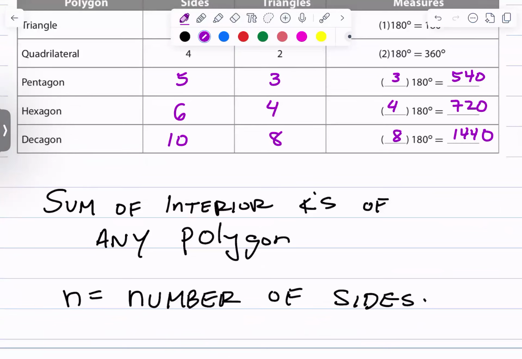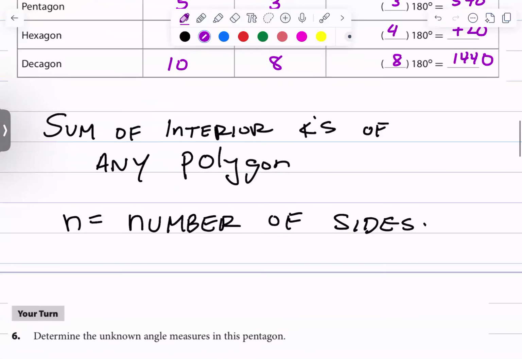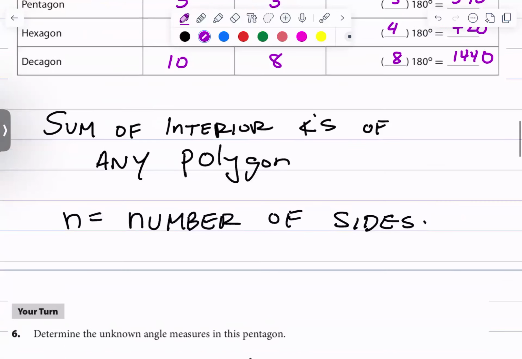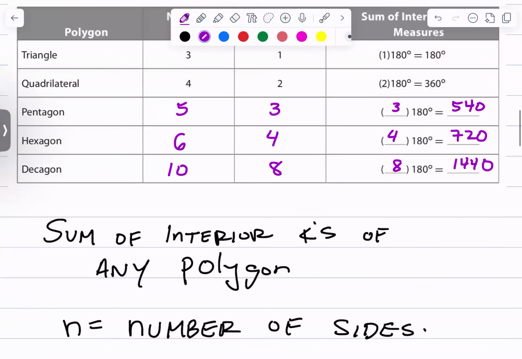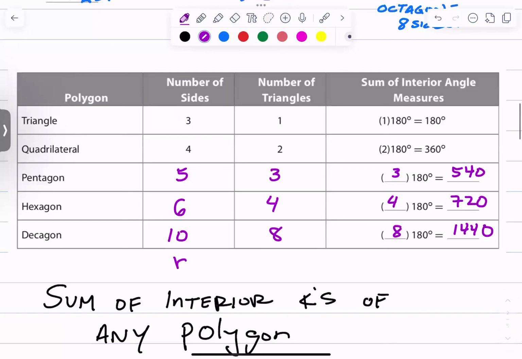Okay, so the sum of interior angles of any polygon is, if n is the number of sides, how many triangles, if I have an n-sided polygon? I have no idea what n is, but then you can plug it in. Rumi.